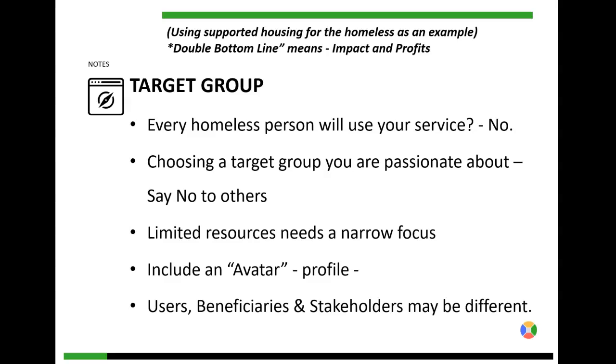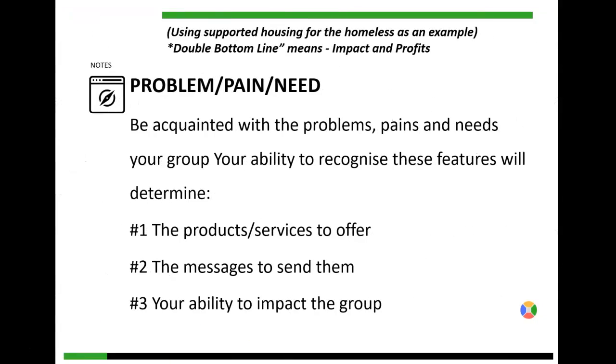If you spend more time with them, then you would know, okay, they need support with their education, because many of them, particularly in supported housing, have left school without good qualifications. So from my conversation with them, I know they have a need for that. So I'm determining the kind of need they have, which is going to bring you to solutions.